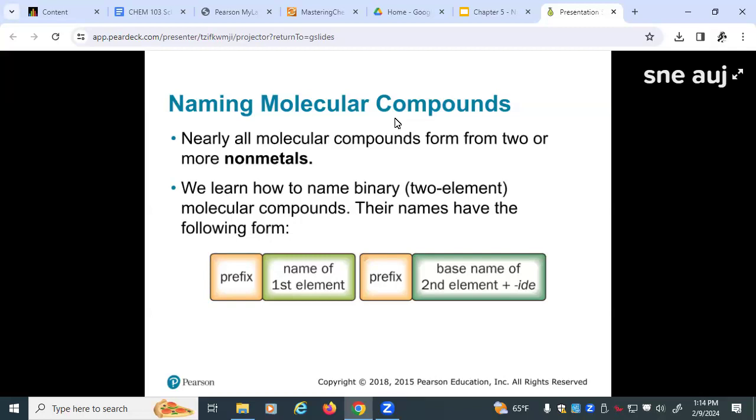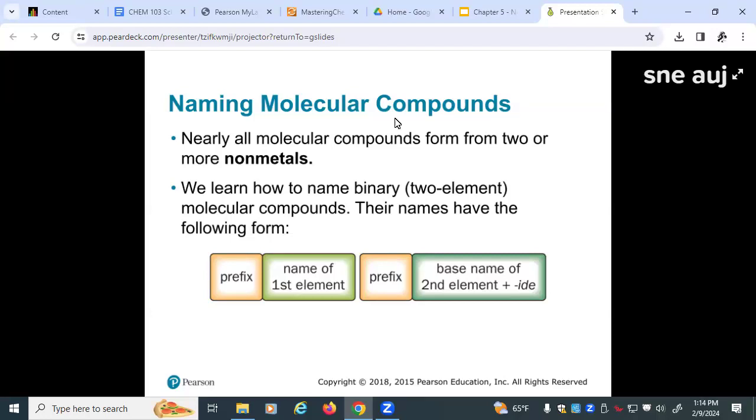they follow a very easy kind of formula. Prefix, element, prefix, element-ide. So the first part, the element and the element-ide, that should sound a little bit familiar to you because that was basically the structure that we used for ionic compounds that were binary as well.